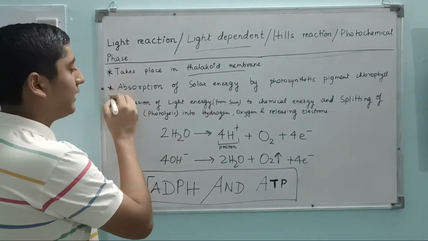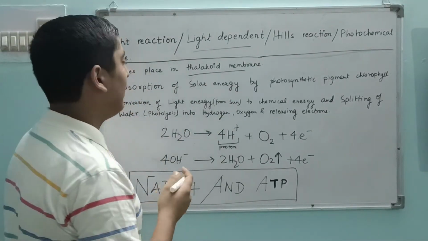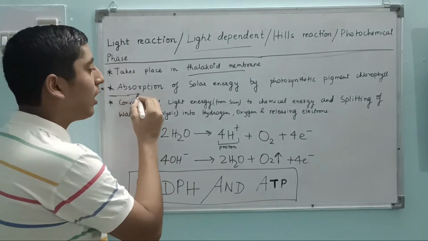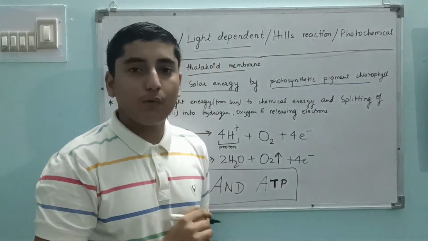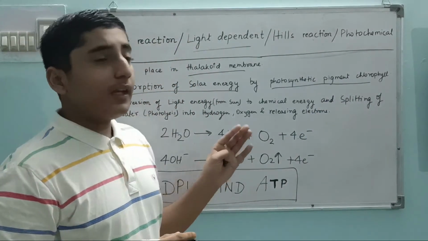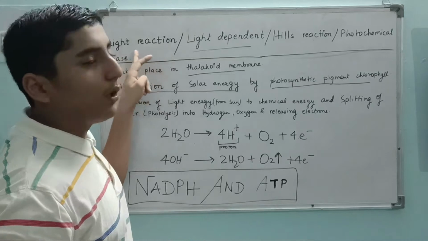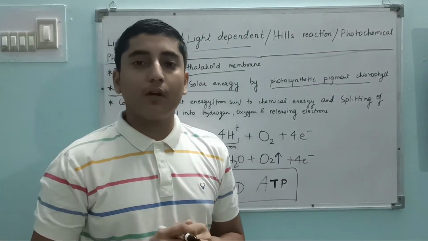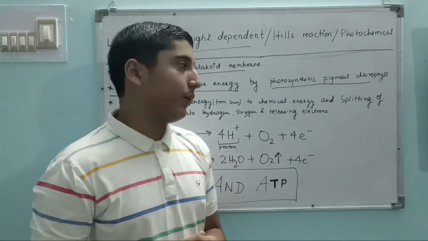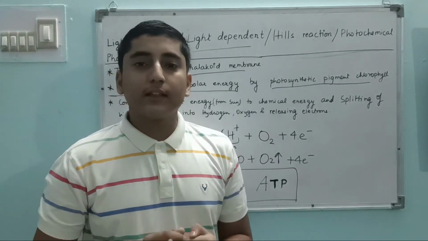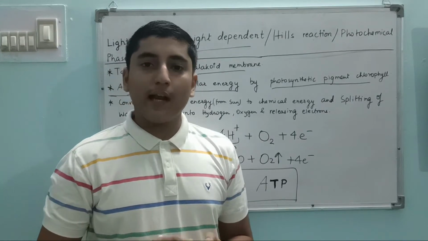And what is the second point? What happens in the light reaction? Firstly, absorption of solar energy by the photosynthetic pigment, that is chlorophyll. This reaction is called light reaction because it is totally dependent on light. Without it, it cannot be executed. It is the supreme component for the light reaction.